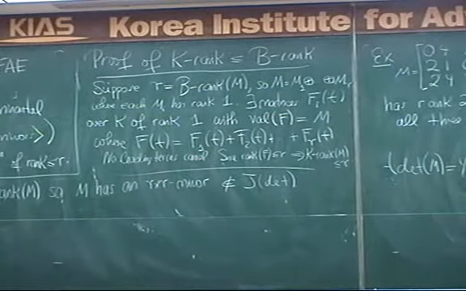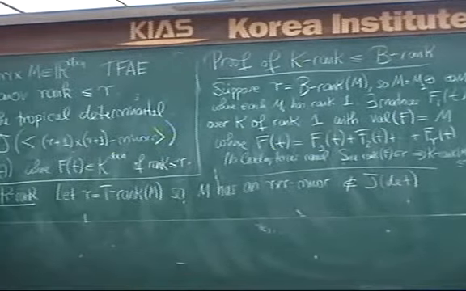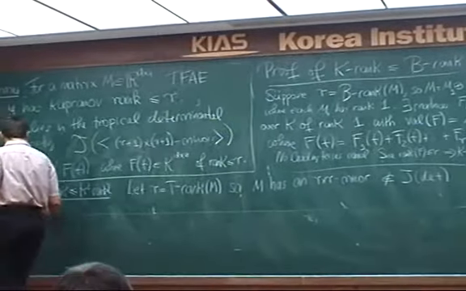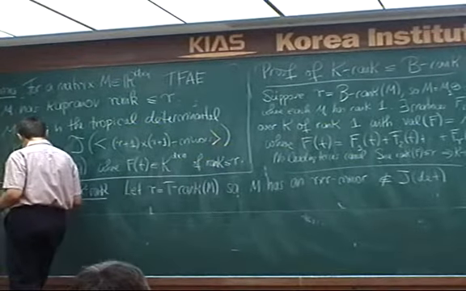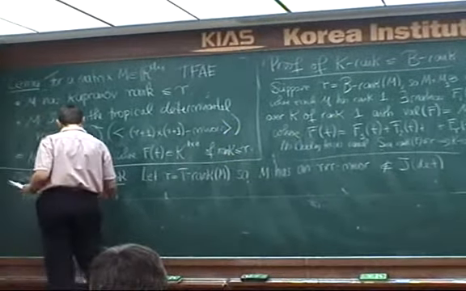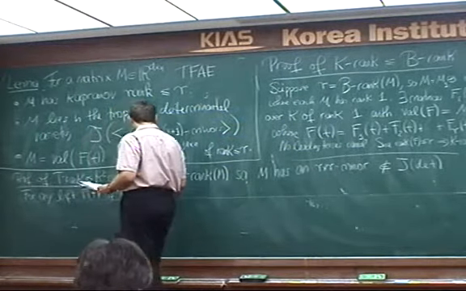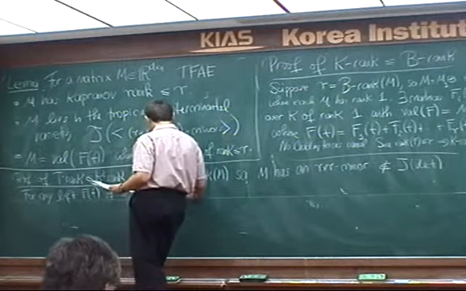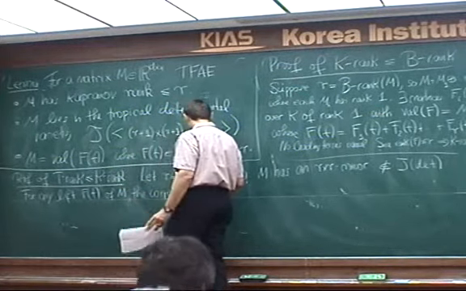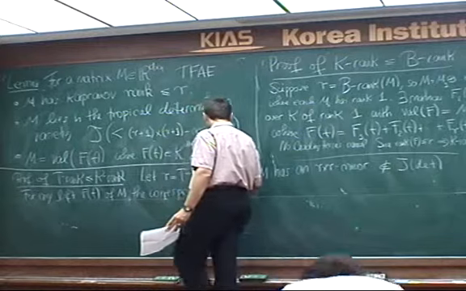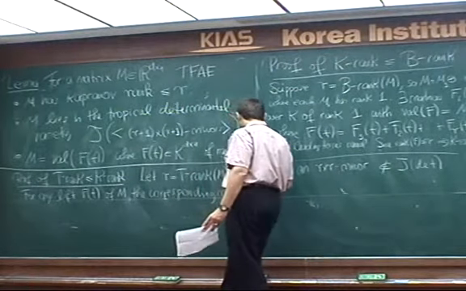Now what that implies is for any lift, f of t of M, the corresponding minor upstairs must be non-singular.